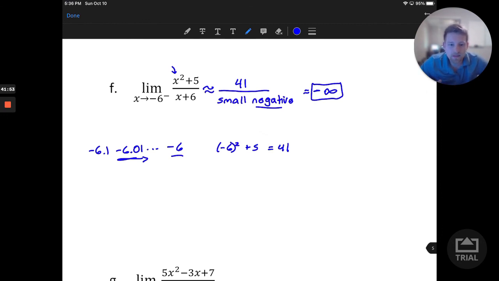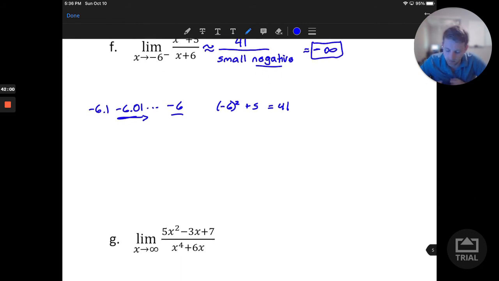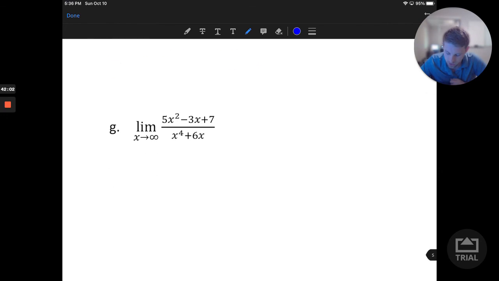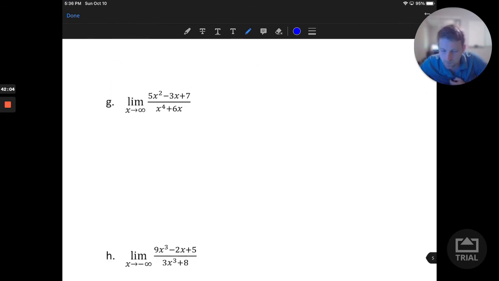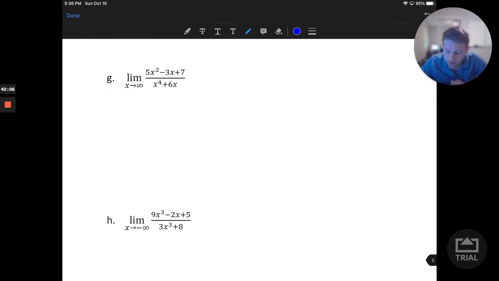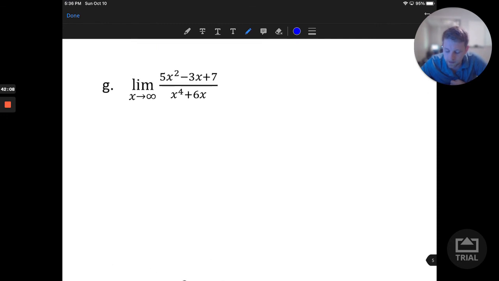The last few examples are based on limits at infinity, so we will wrap up our lesson with those, part G and H. So if I take a look at the limit as x goes to infinity, we have a rational function here.